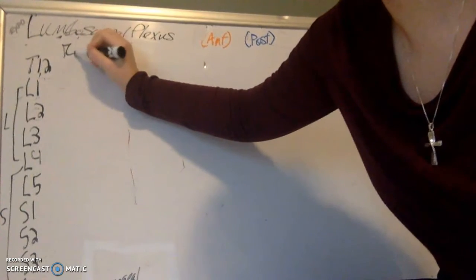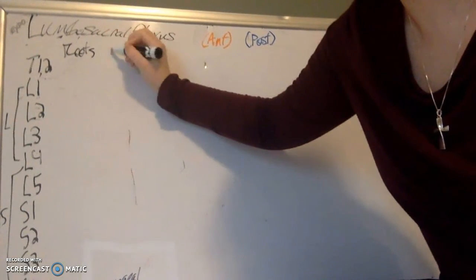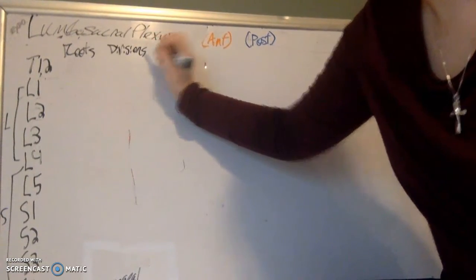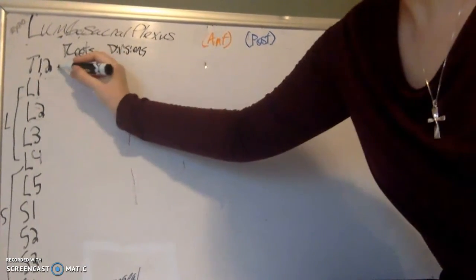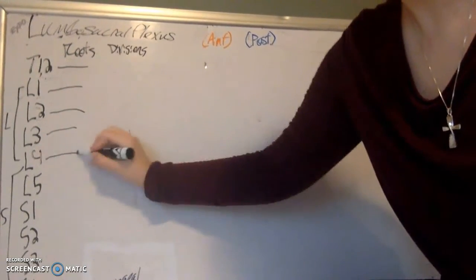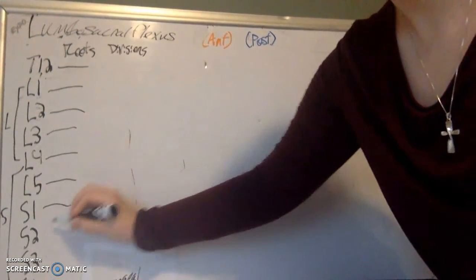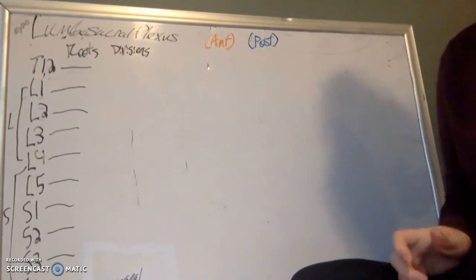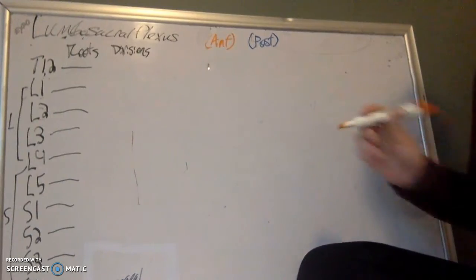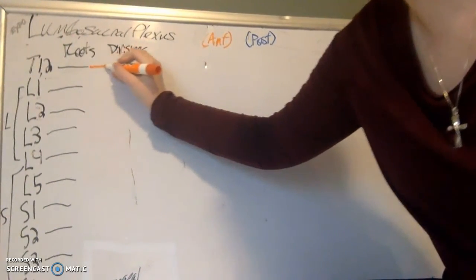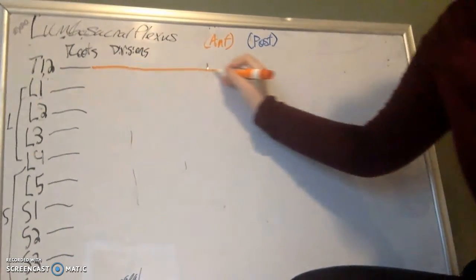And we are going to have roots and then divisions. And to make things easy, the anterior portions are going to be in orange so you can see it all clearly.